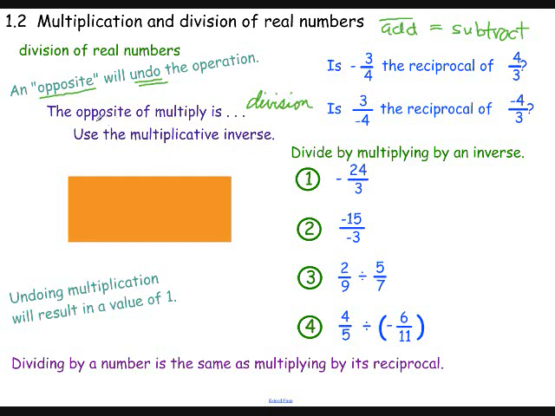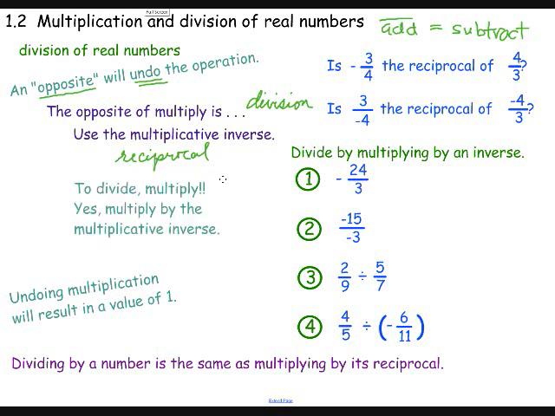Another way to look at it is the opposite of multiply is to use the multiplicative inverse. Woo! What's that? You probably know it as the reciprocal. There's a lot of vocabulary you're going to be encountering here in Algebra 2, and you should make sure you keep some notes on that. There is a way in which you can convert every division problem into multiplication.